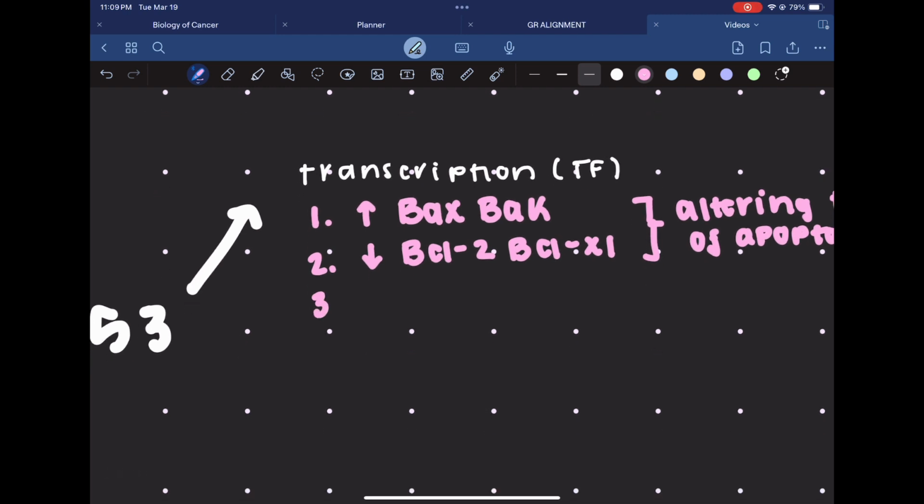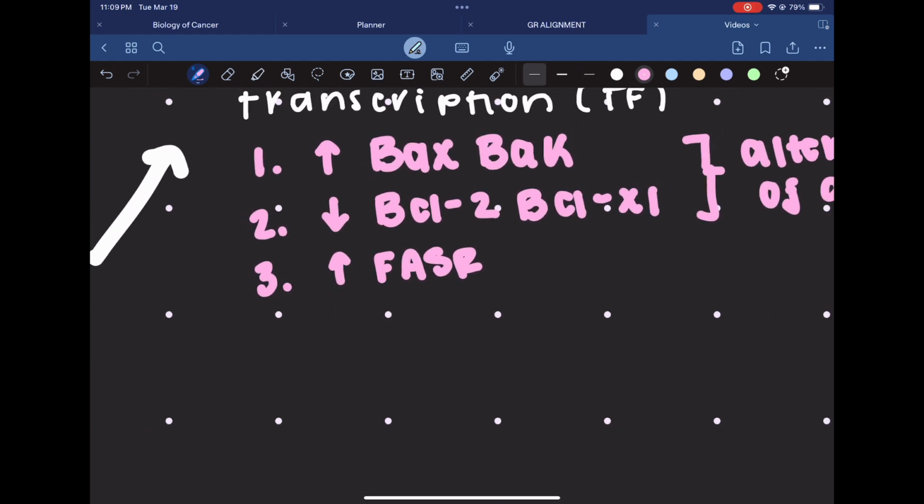A third action is going to be that it increases the transcription of the FAS receptor. Now, the FAS receptor is important for initiating extrinsic signaling for apoptosis.